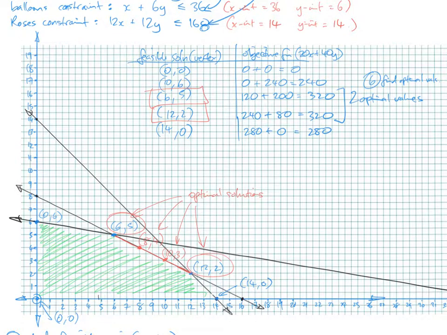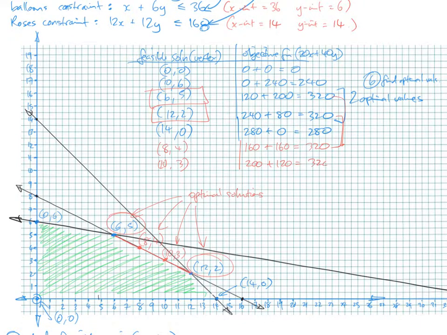So we can double check that. 8, 4 and 10, 3. 8 times 20 is 160, plus 4 times 40 is 160. That's going to be 320 as well, so equivalent. And 10 lots of 20 is 200, plus 3 lots of 40 is 120.